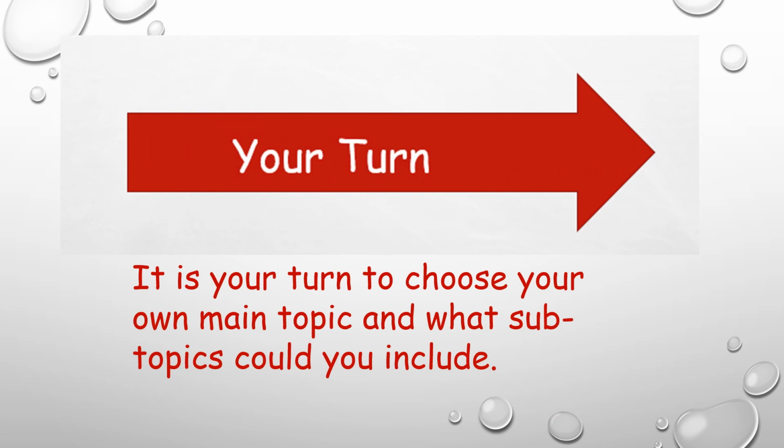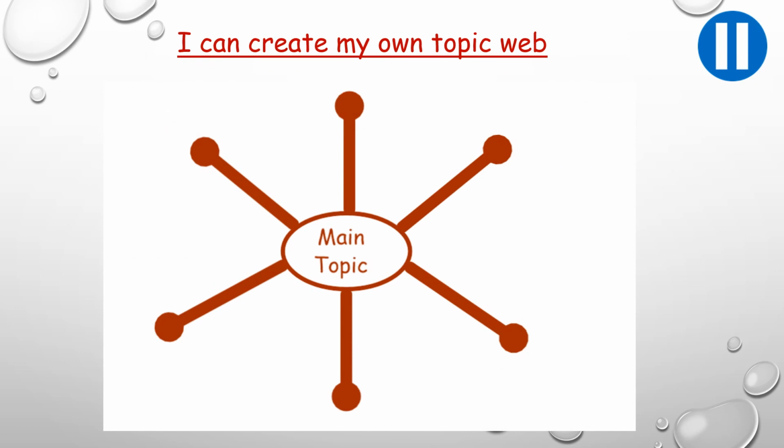I hope you all enjoyed that short activity. It is now your turn to actually choose your own main topic and what subtopics you might include. Pause the video here to take a look at how you might set out your web. So for example, you need to have the main topic in the center and the subtopics branching off.